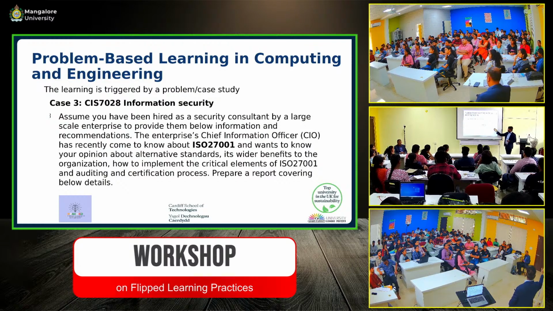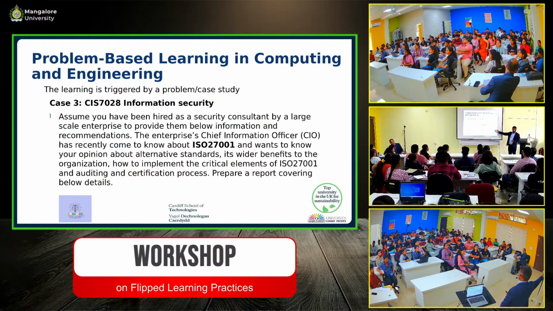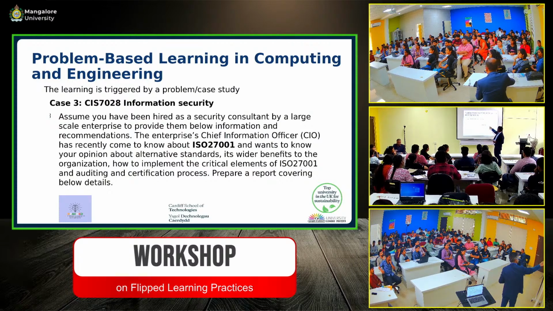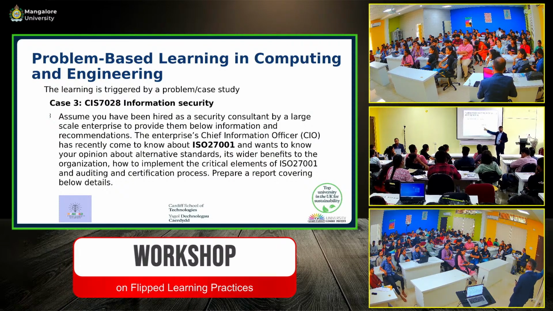It's not a problem, it's a good thing: you have been assigned as a chief information officer. Now you have to come up with the information security standard for the organization, and you need to report to the CIO about it.